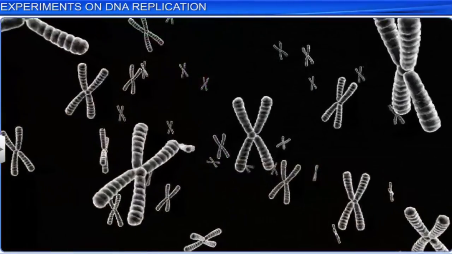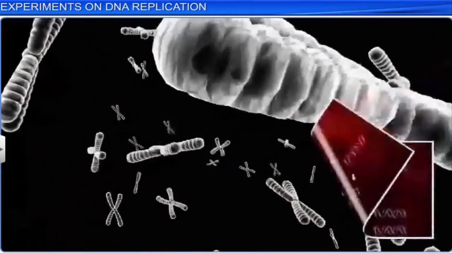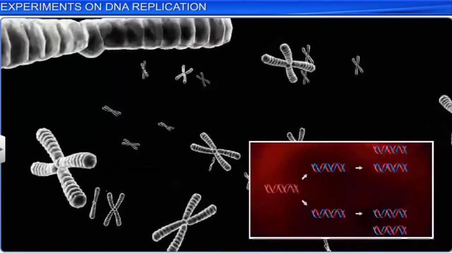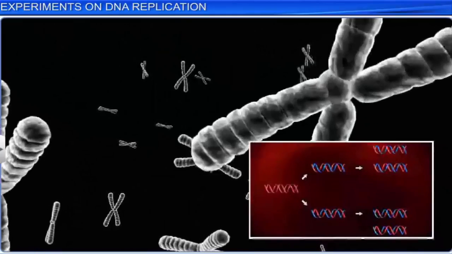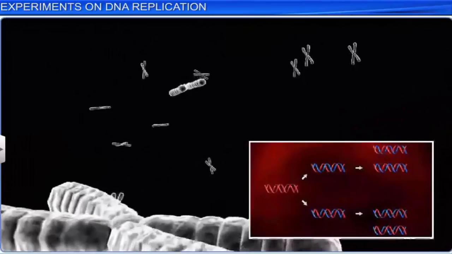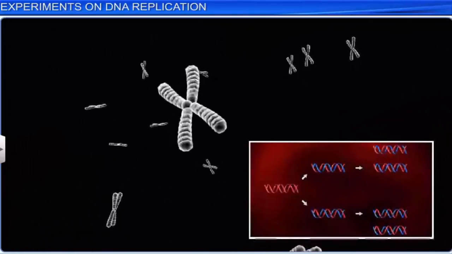Here again, the experiment proved that DNA replication even in chromosomes was semi-conservative. Therefore, with multiple experiments conducted by different scientists, it was concluded that DNA replicates semi-conservatively.